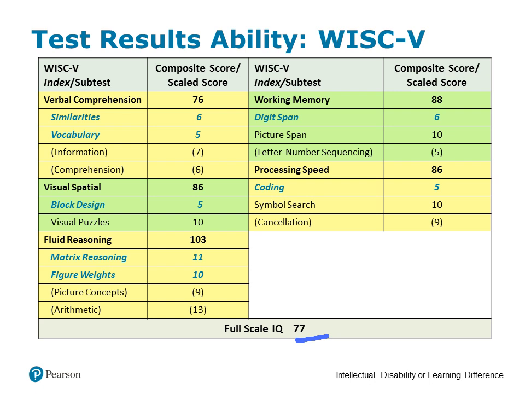When you look at the 7 subtests that make up that full scale, similarities, vocabulary, block design, matrix reasoning, figure weights, digit span, and coding, you notice that those subtest scores range from a low of 5 to a high of 11.